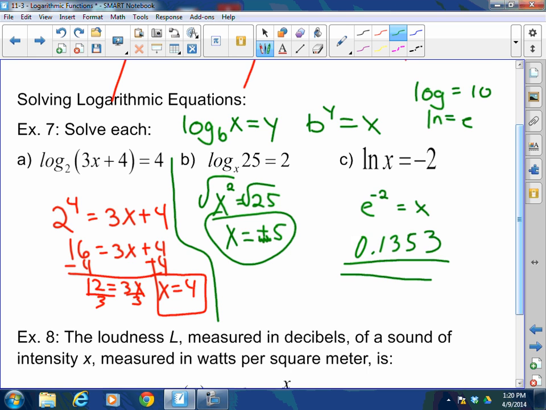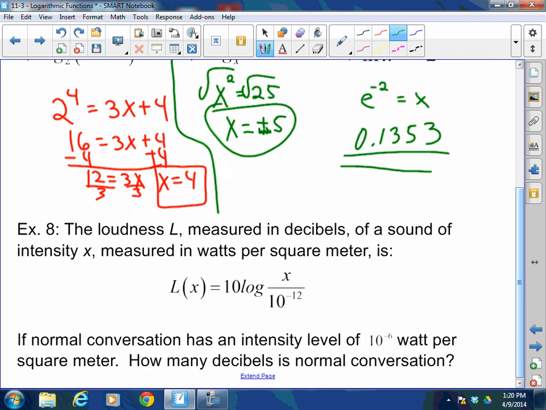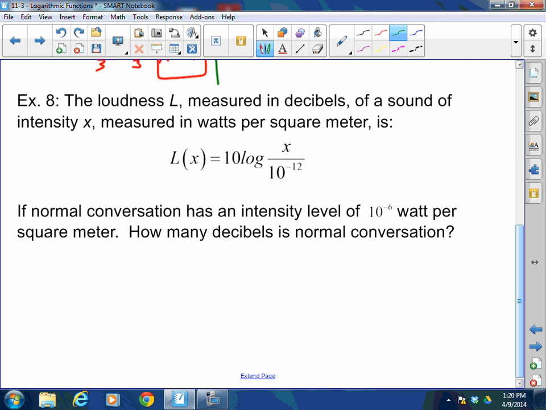All right, guys. Last thing. I know you're dying. I'll make it quick, but I got to show you how this works. I actually really enjoyed this example because it's very useful. It's real life. The loudness L, measured in decibels, of a sound of intensity x, measured in watts per square meter.